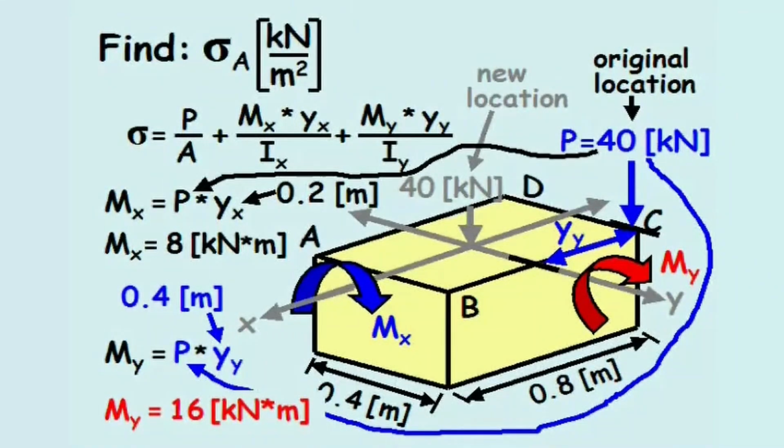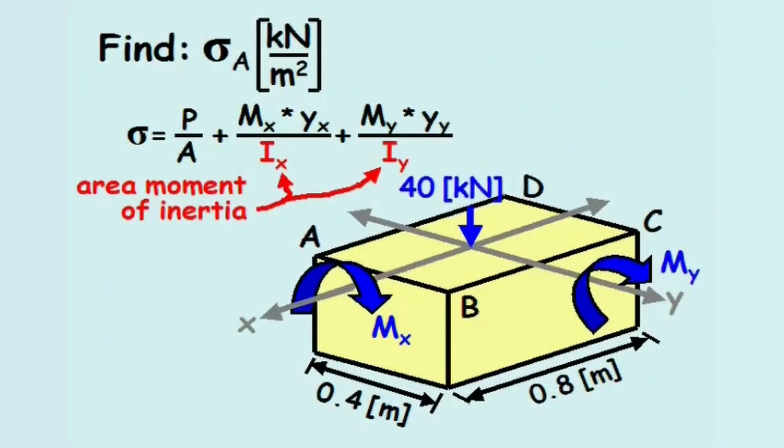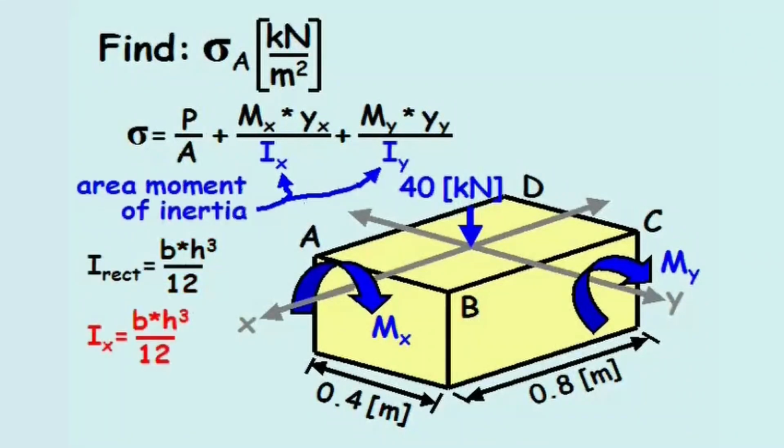The area moment of inertia terms, I sub x and I sub y, are calculated as the base width multiplied by the height cubed divided by 12. When evaluating I sub x, the base width is 0.8 meters and the height is 0.4 meters.